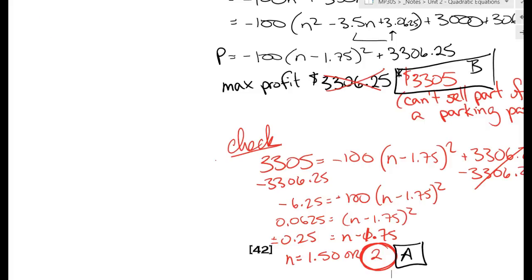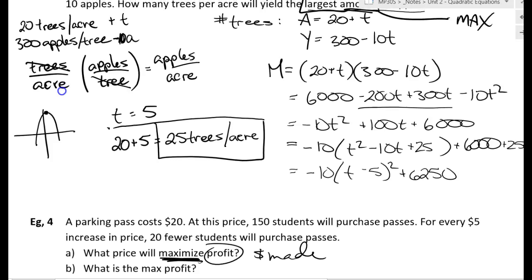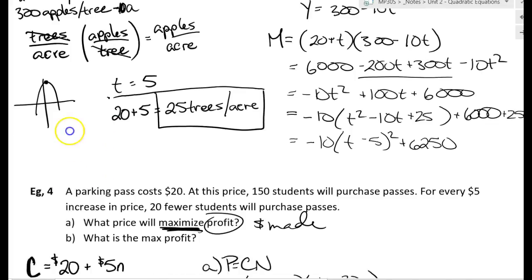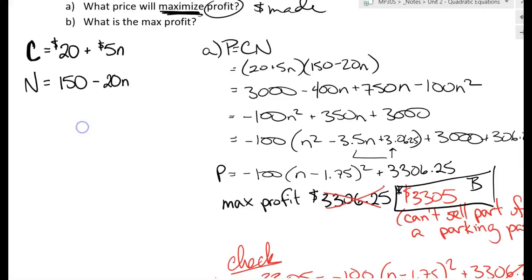I needed to figure out what my price would be based on the round number, because I'm talking about for every increase in price. So that's got to be a whole number. Just like when we were dealing with trees, we had to increase it by a whole number as well. So that's kind of how that all shakes out.